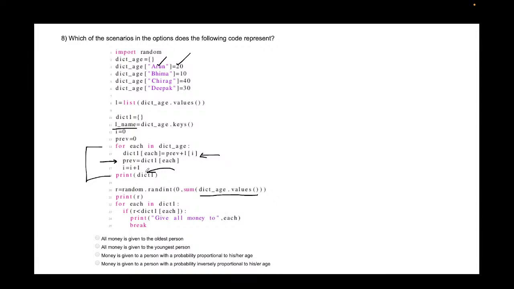Okay, so based on this cumulative age addition and this random number test, out of the following options, what do you think the code best represents?